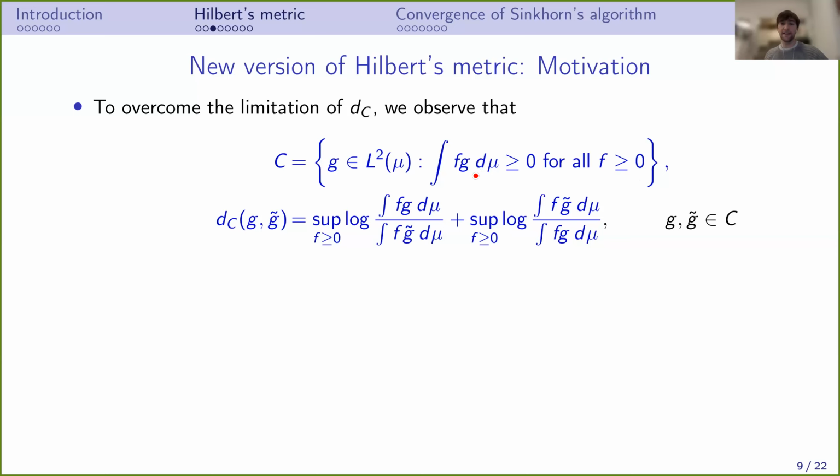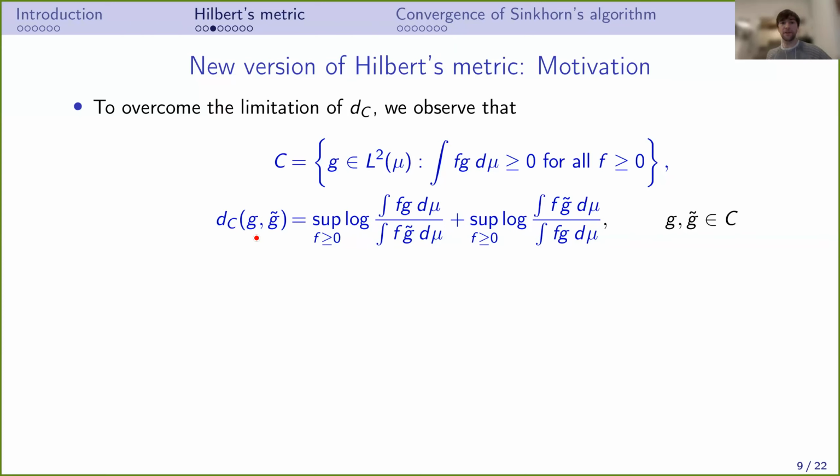So it's clear that any non-negative function g satisfies this inequality, and conversely, if a function satisfies these inequalities for all non-negative test functions f, then g also needs to be non-negative. So it's really just a fancy way of writing the set of all non-negative functions.